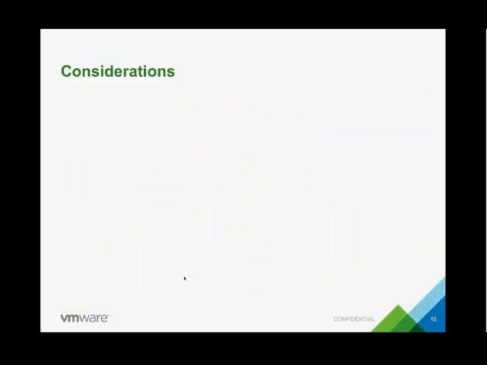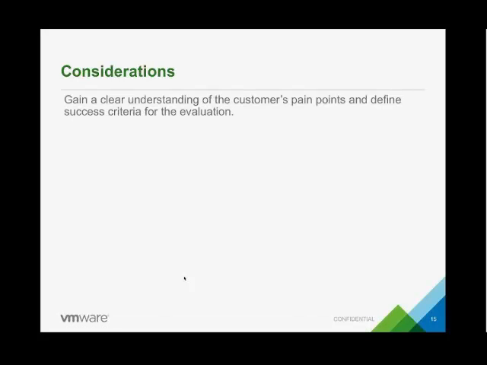Right, so there's a lot of things that we should consider when starting an optimization assessment. I've already mentioned this once. Get a clear understanding of the pain points. Think of this as any other proof of concept, right?